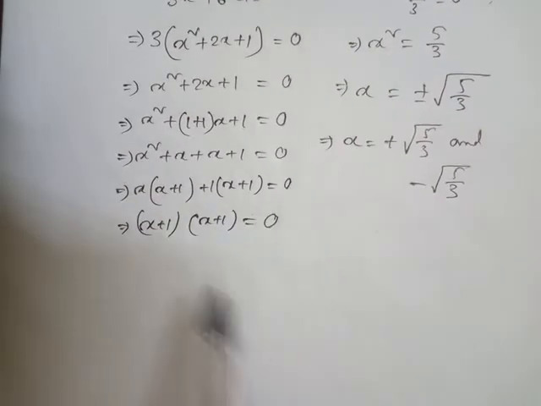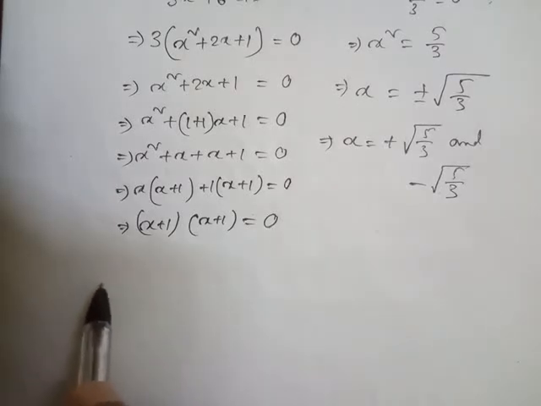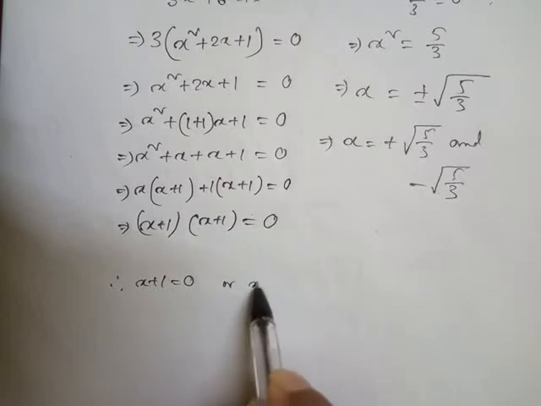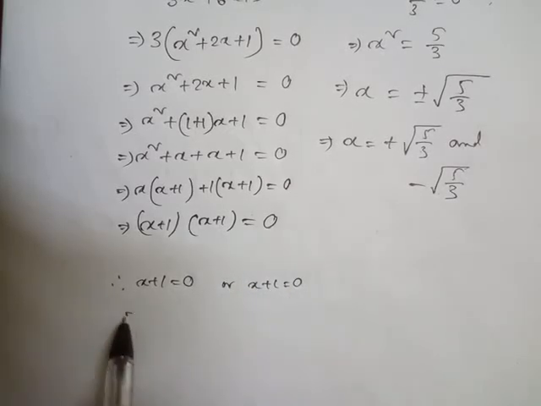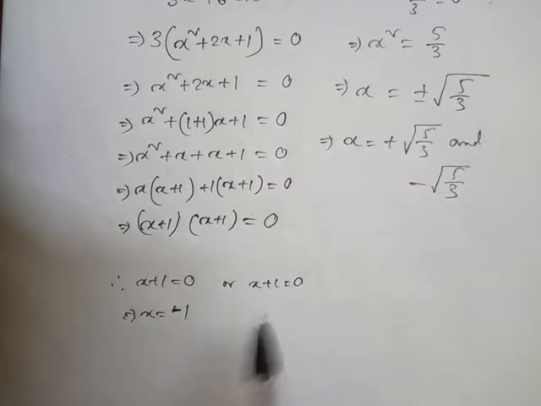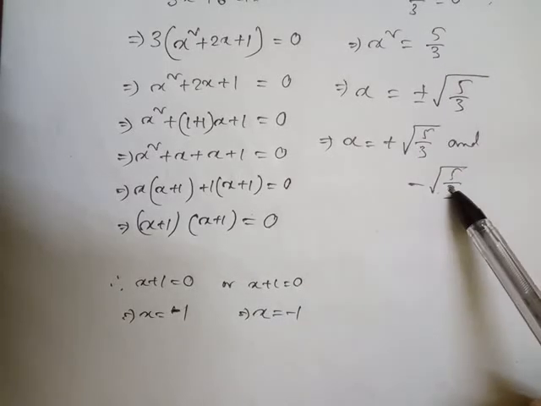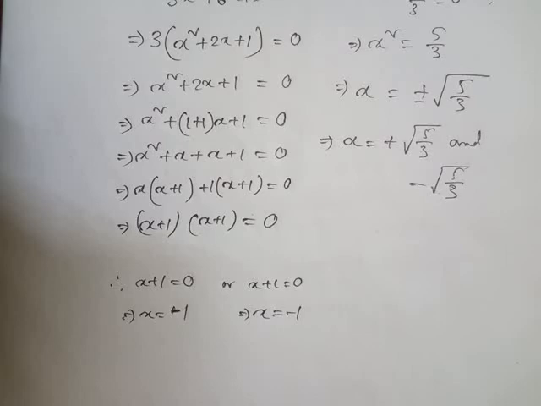Now look at this one here, therefore x plus 1 equals 0 or x plus 1 equals 0. So here x equals minus 1, and there is also x equals minus 1. So 1 and 2 are already given and 3 and 4 are now found. So in the last line we will write that the other two zeros we had to find out are minus 1 and minus 1, and we obtain all zeros.